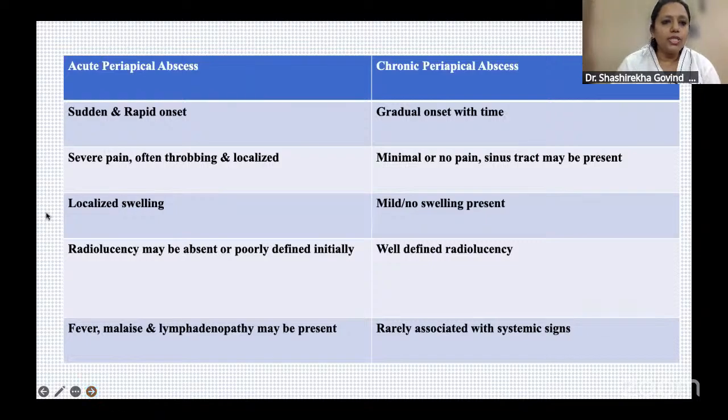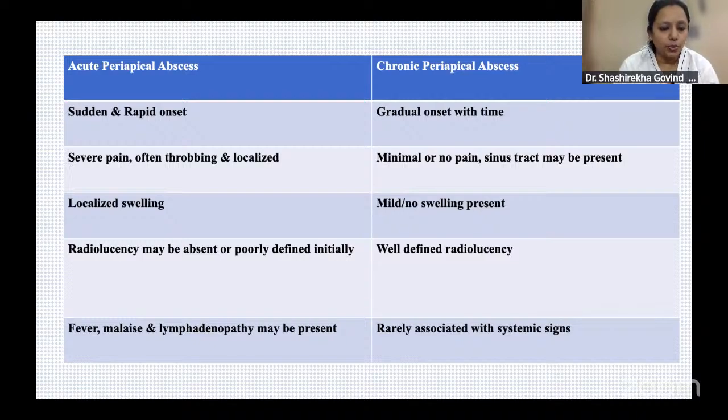Now, what is the difference between an acute periapical abscess and a chronic periapical abscess? In acute, it will be sudden and rapid onset, whereas in chronic, it will be gradual onset with time. In acute, you will have severe pain, often throbbing and localized, whereas here it will be minimal or no pain, but a sinus tract will be present.